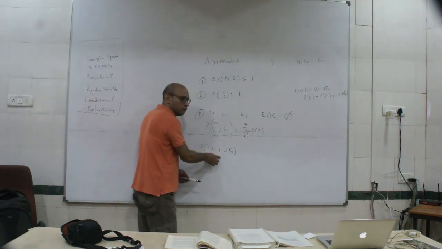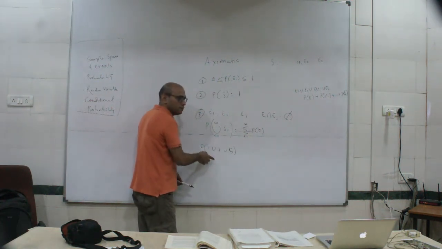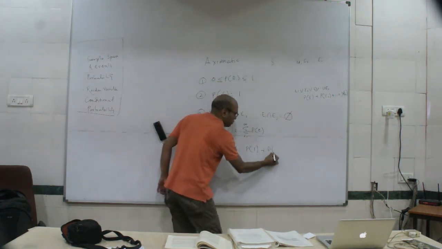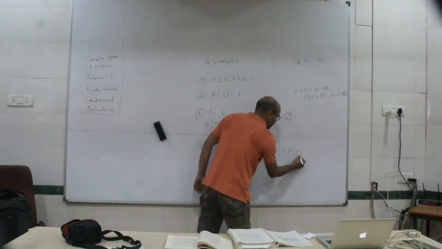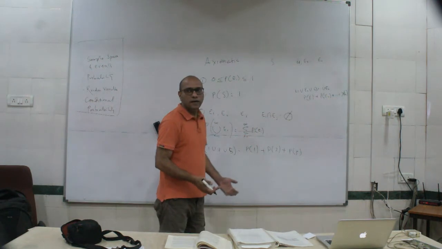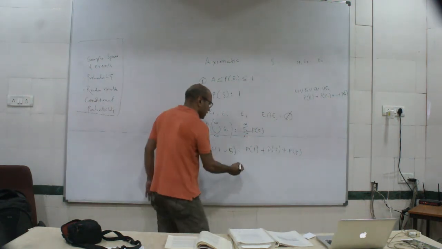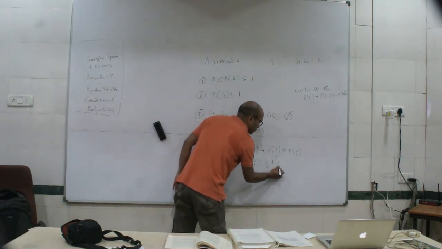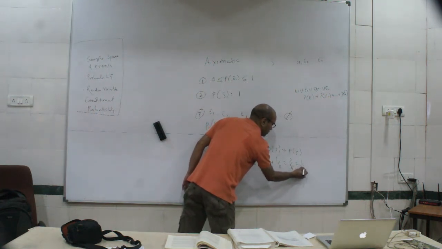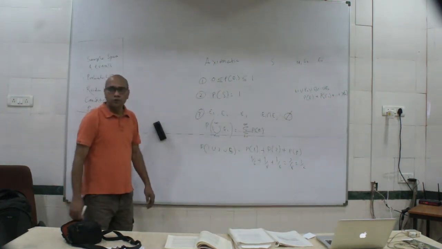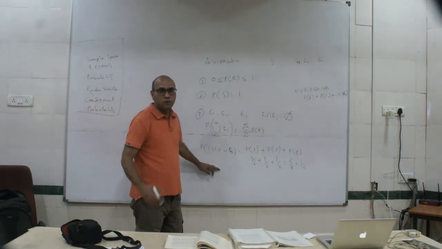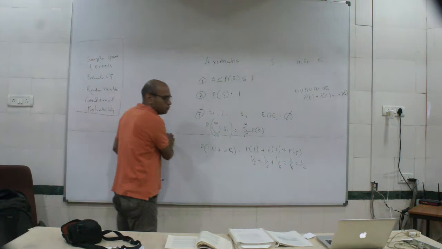If I get 5, I don't get 3 or 1. If I get 3, I don't get 5 or 1. If I get 1, I don't get 3 or 5. Which means the probability of 1 plus the probability of 3 plus the probability of 5. And if they are equally likely, then it is 1 by 6 plus 1 by 6 plus 1 by 6, that is 3 by 6, that is 1 by 2. So the chance that I would get an odd event is 1 by 2 or 0.5. So this is the third axiom of probability.